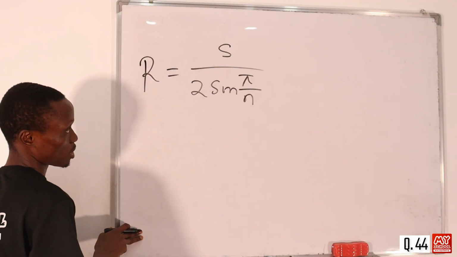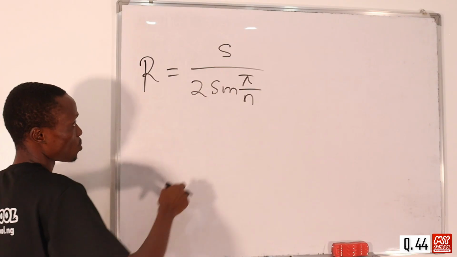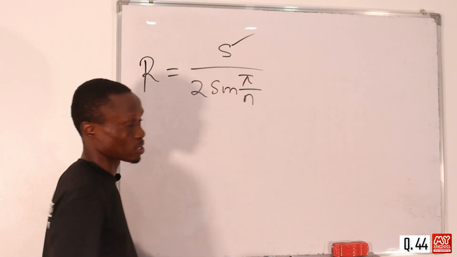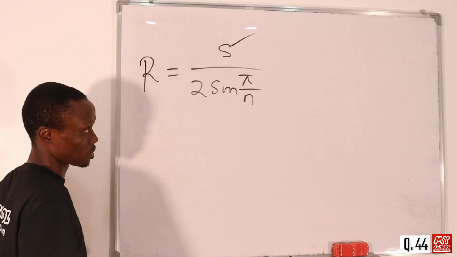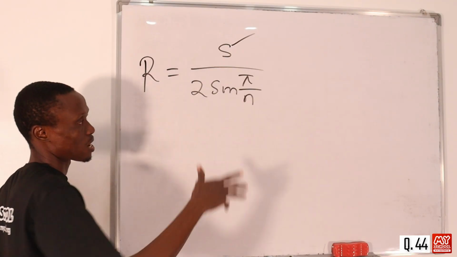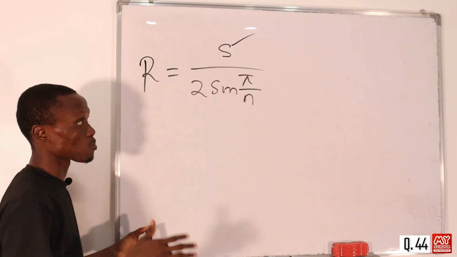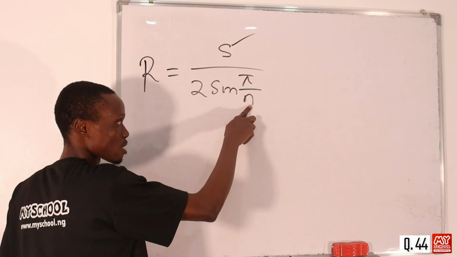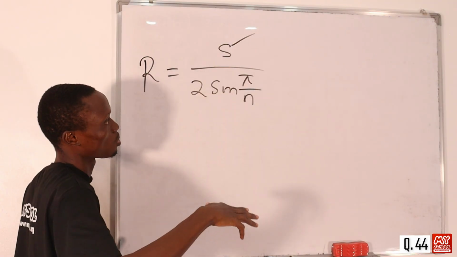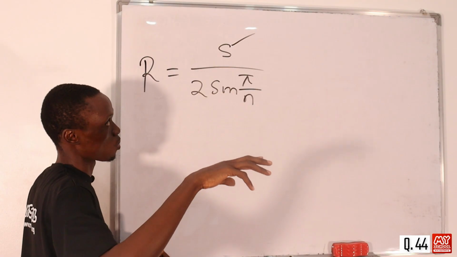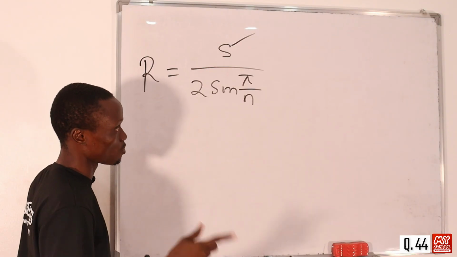Okay, so we use this formula to calculate the radius, where s here actually stands for the length of the side of the polygon, while n here stands for the number of sides of the polygon.